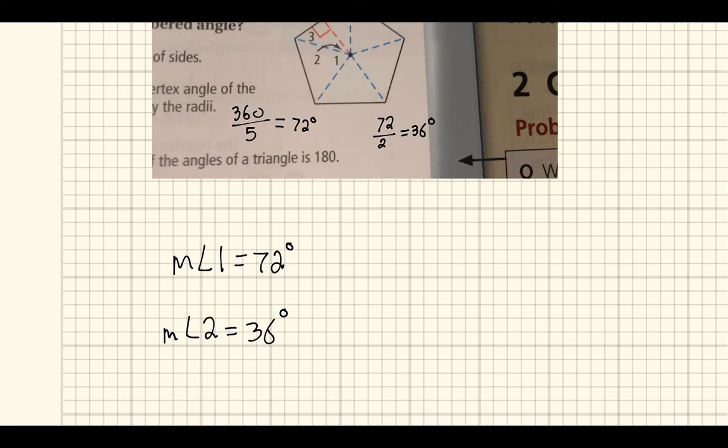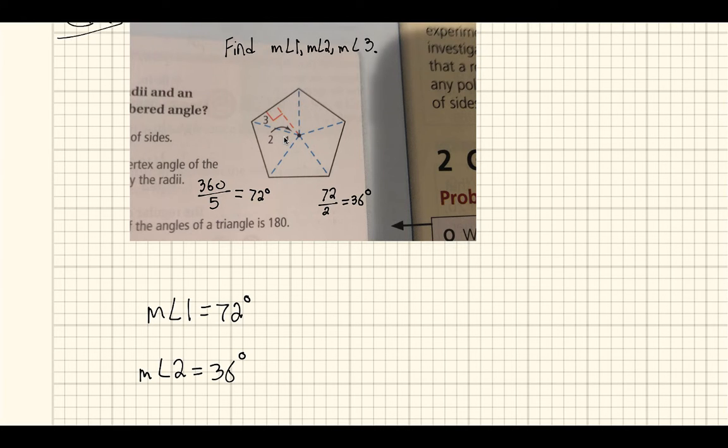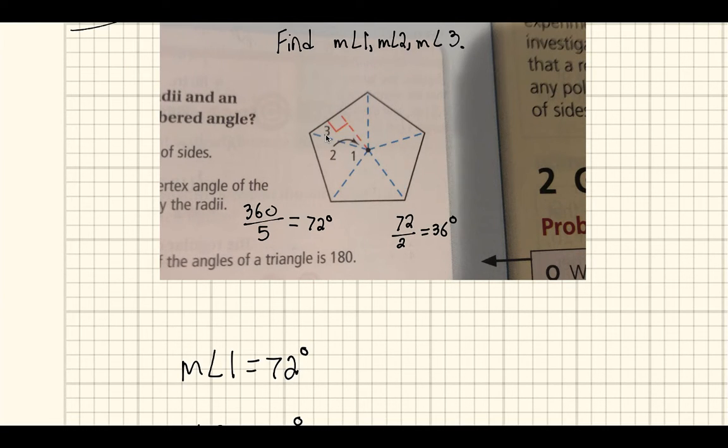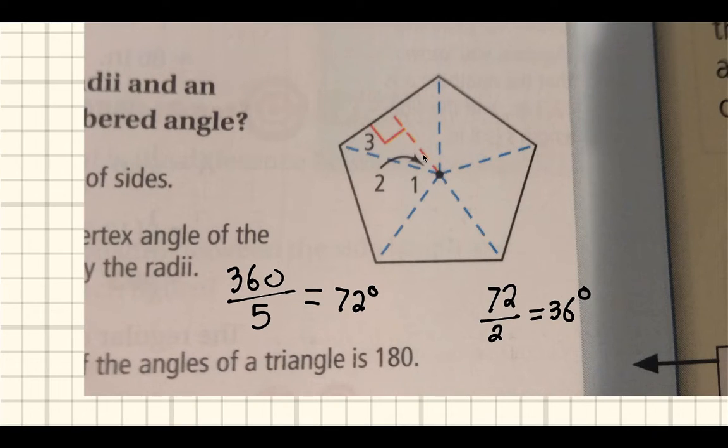Lastly, for this problem, find the measure of angle 3. Notice you have a right triangle here. These apothems make a right triangle. If you recall, the angles in a triangle add up to 180 degrees. So if this is 36 in here, and this is 90, then what does the measure of angle 3 have to be?